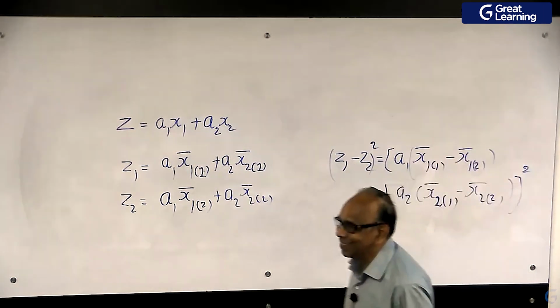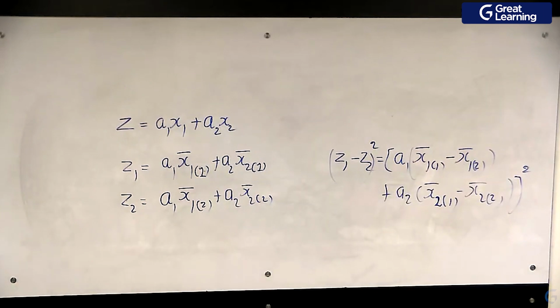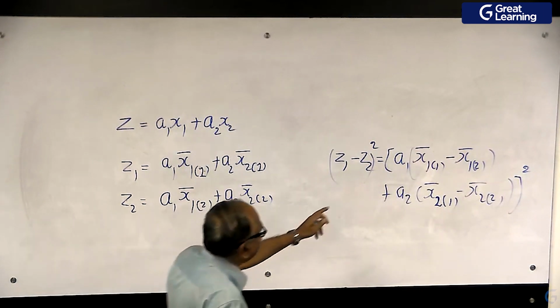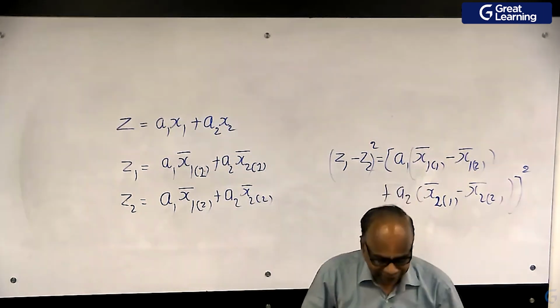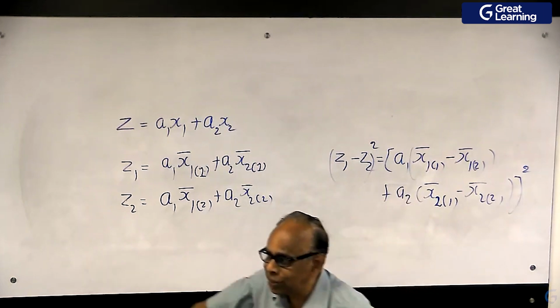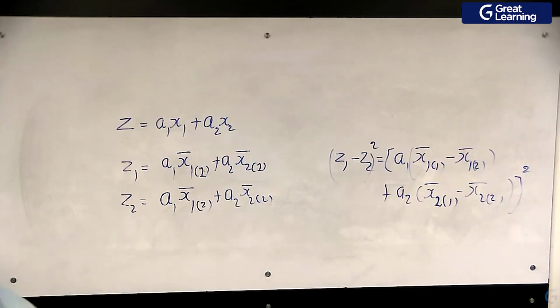Square it. This is between sum of squares in the ANOVA. Between the groups, A1 times this plus A2 times this, the whole square, is the between sum of squares, which is the distance square. If I maximize distance square, I am maximizing the distance. So, the largest separation possible.